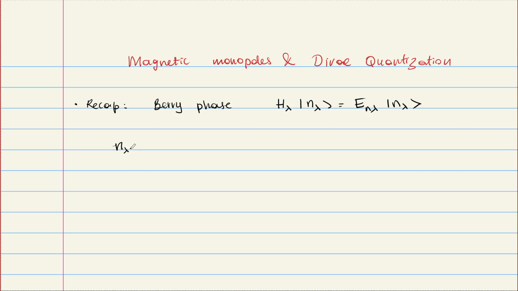What this means is that the instantaneous eigenstate at t equal to 0 will evolve to the instantaneous eigenstate at t up to phases, and there are two phases.